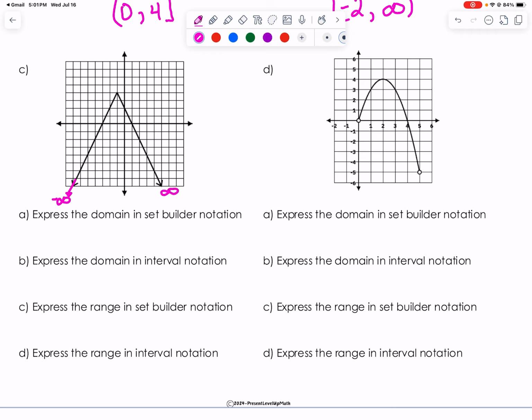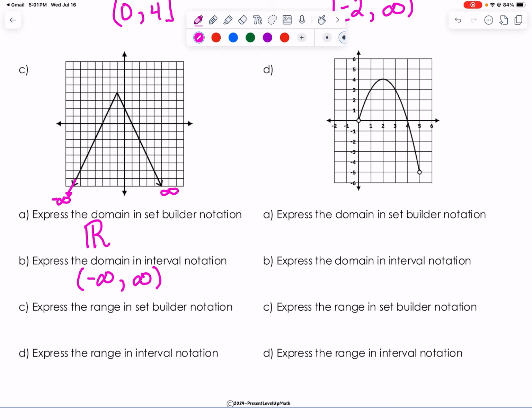So our domain is going to be all real numbers. And I like to have my students express it with this capital cursive R, but you should definitely check with your teacher on how they want you to express the all real numbers. Now, in interval notation, it's just going to be negative infinity, comma, positive infinity, then closed by parentheses.